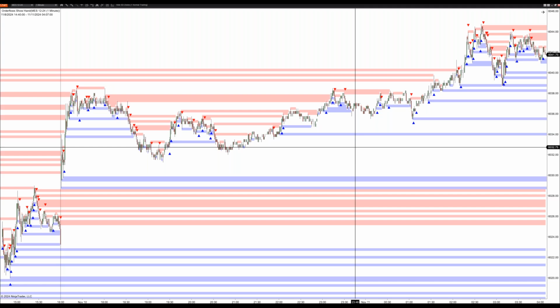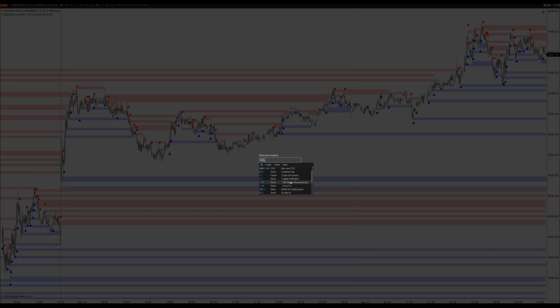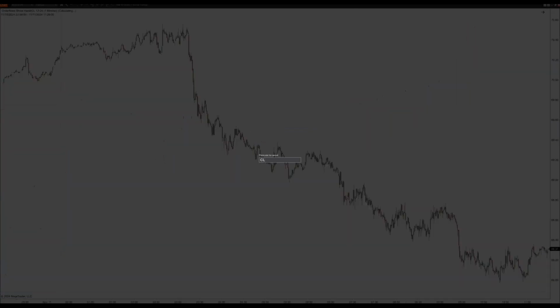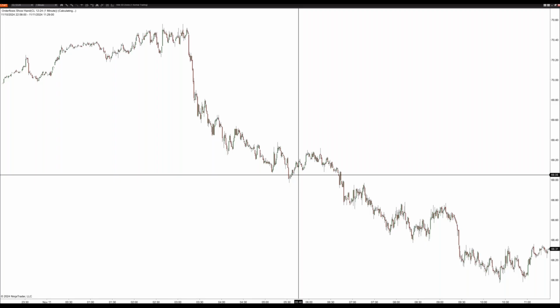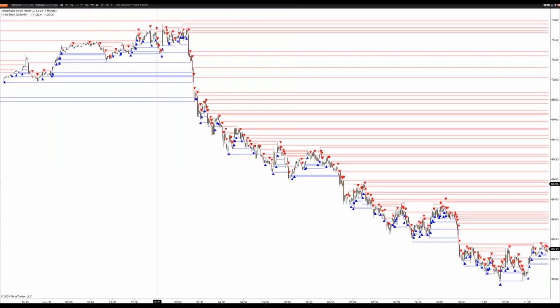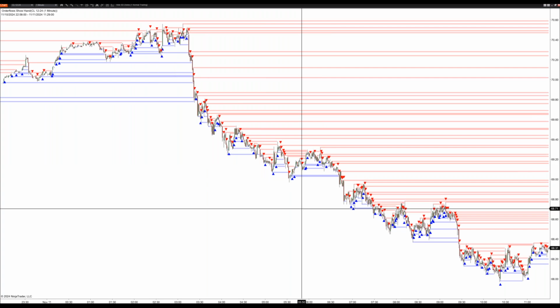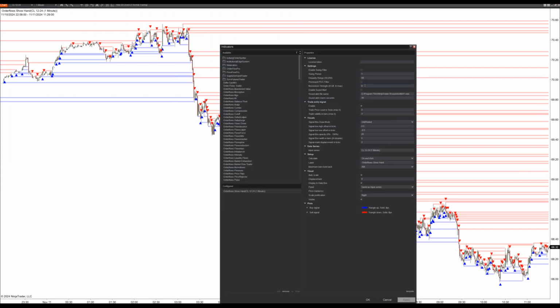But you can see, like in other markets, right? Like go back to crude oil. Okay, so this is 50, the lowest, right? You see a lot, right? That's with the momentum strength set at 0.